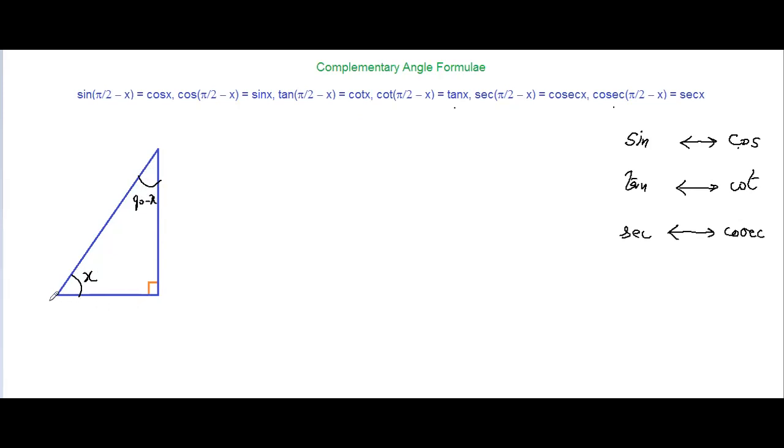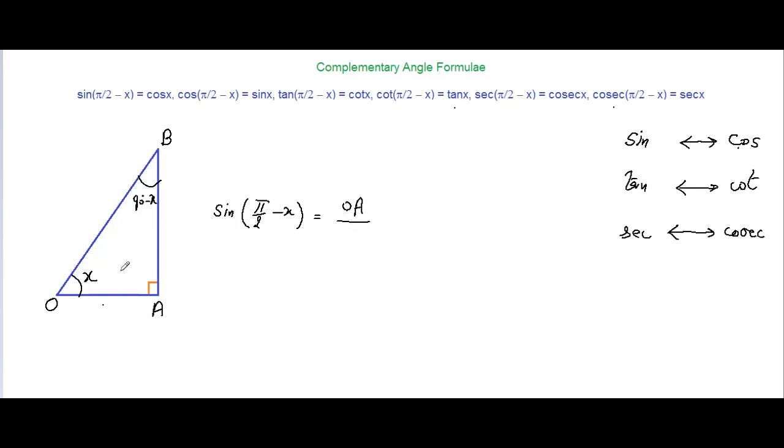So suppose this point is O, this is A, this is B. If we want to find sine of pi by 2 minus x, that means sine of 90 degrees minus x, this angle. For this angle, perpendicular is OA.